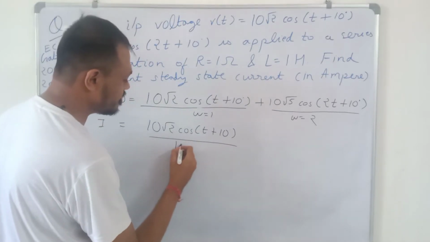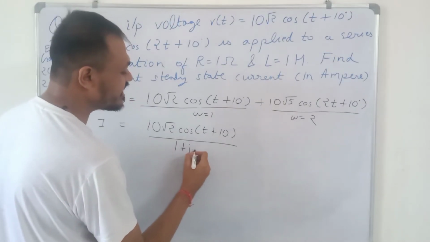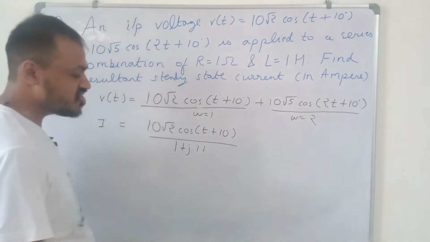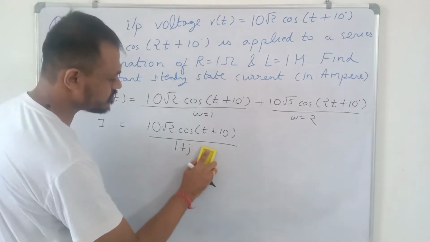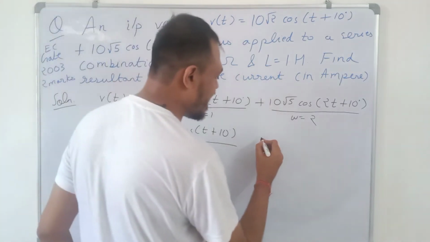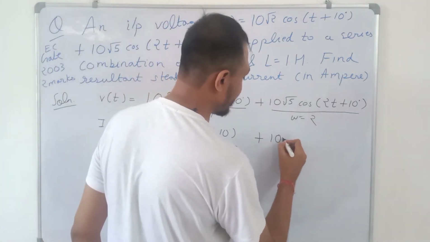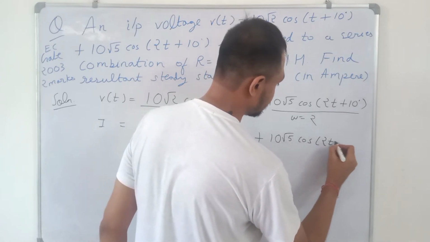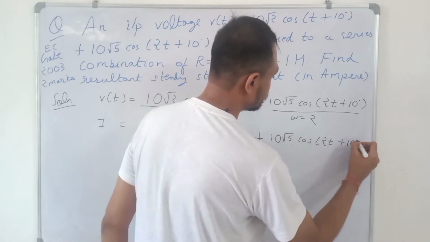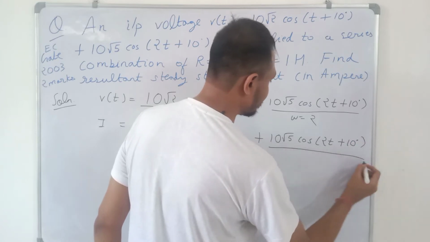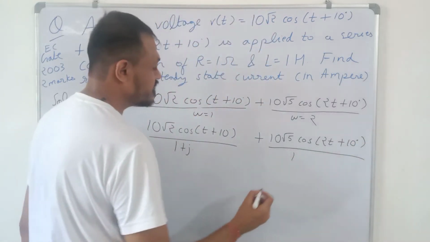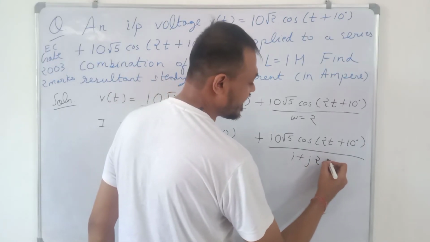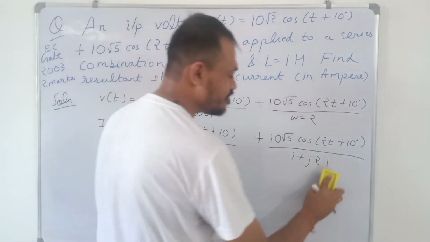So R is 1 plus j, omega is 1, L is also 1, so 1 plus j. And for this part of the voltage it is 10 root 5 cos of 2t plus 10 degree. Similarly R plus j omega L, R is 1 for both plus j, omega here is 2 and L is 1, so it will be 1 plus j2.